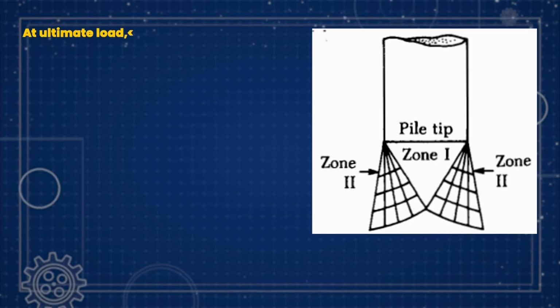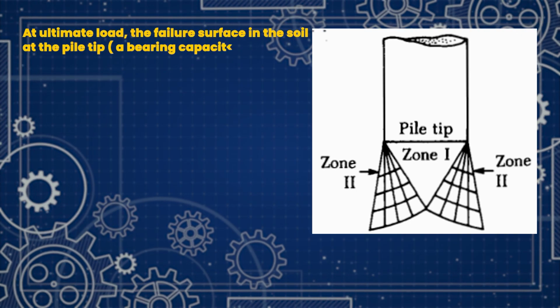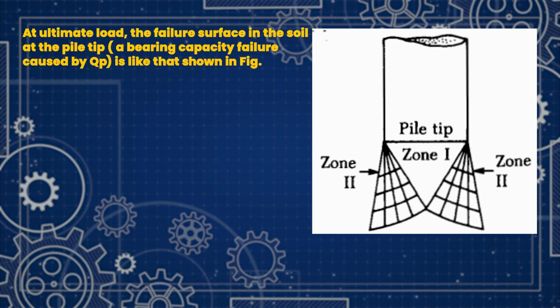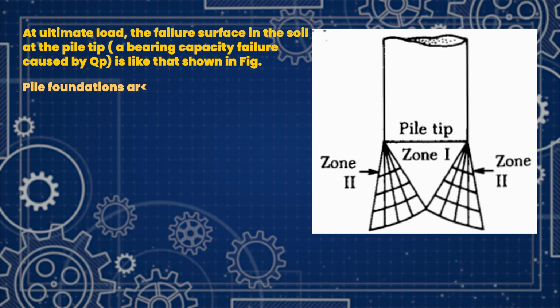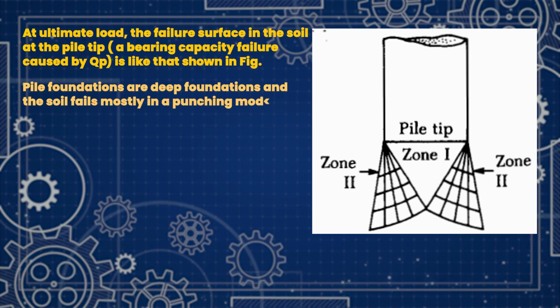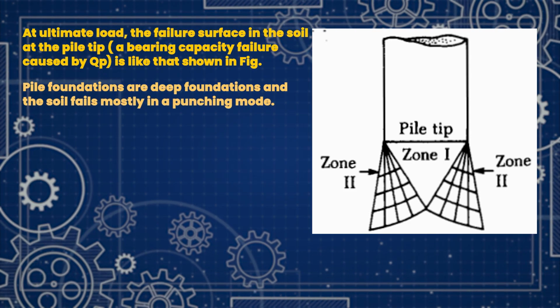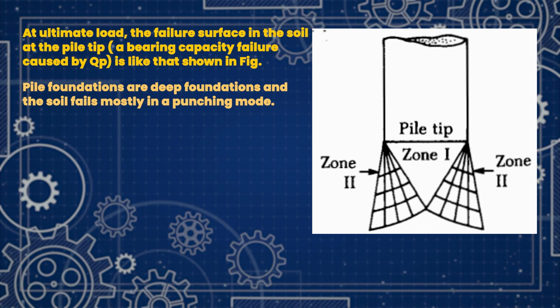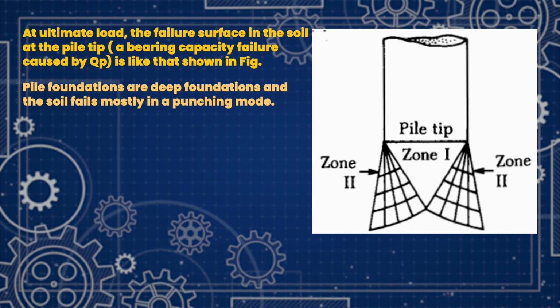Now we have understood the end bearing and skin friction concept, but when talking about the failure mechanism, especially with respect to deep foundations, the ultimate load causes a failure surface in the soil at the pile tip. Generally in deep foundations, it mostly fails in punching shear failure. You can see the two types of zone, zone 1 and zone 2.